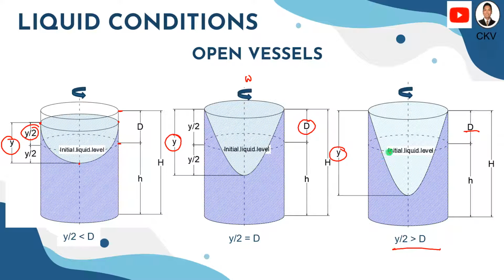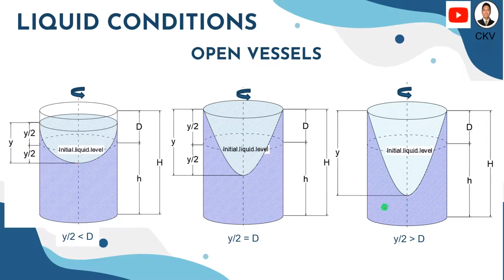Again, the liquid surface will just follow this distance y that is computed using the formula. So the computed y will remain, and we will start measuring the distance y from the rim up to this point. So liquid will be spilled on this condition if y over 2 is greater than d.